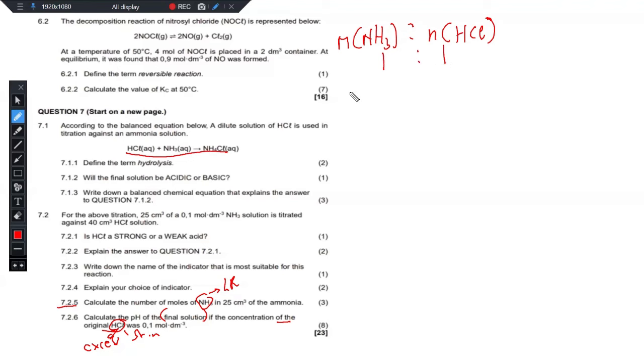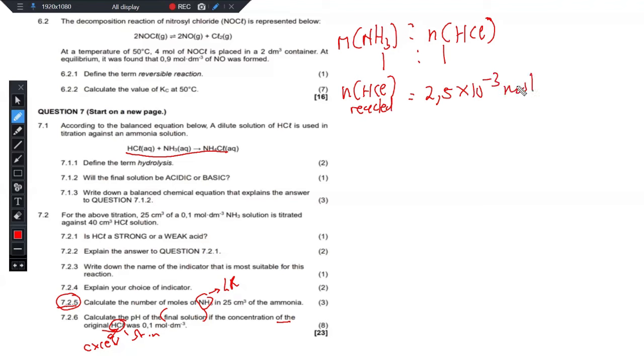A ratio of 1:1 means that the number of moles of NH3 that we just calculated should be the same number of moles of HCl that reacted. So we calculated 2.5 times 10 to the exponent of negative 3 mole.